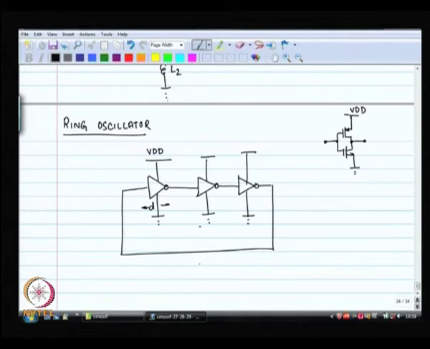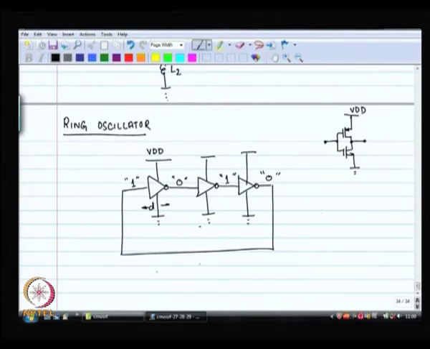Let us say each of these inverters has a delay of d, then if this is a 1, after a delay of d this becomes a 0, after a delay of 2d this becomes a 1, after a delay of 3d this again becomes a 0, which is the same net. Right.